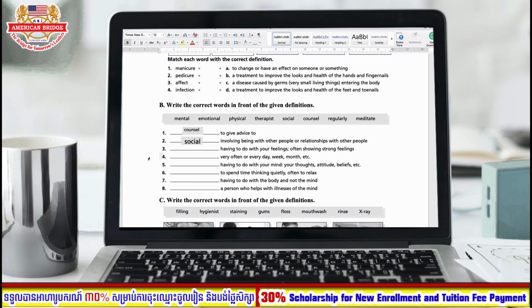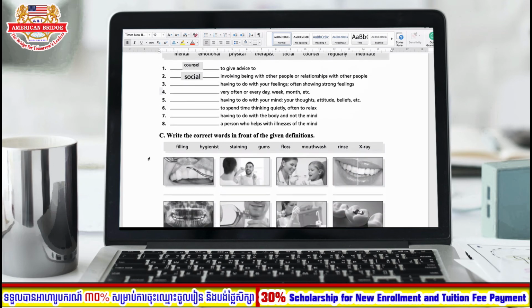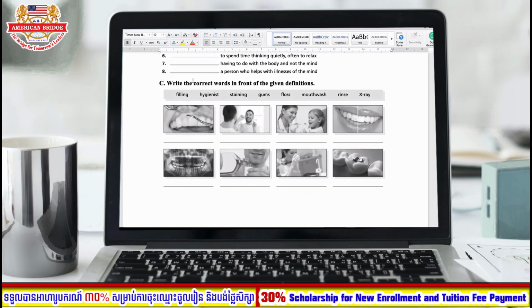So you need to smartly review the important points, right? And for the last one, we have the words feeling, hygienist, standing, gum, floss, mouthwash, rinse, and x-ray. The lesson is about going to the dentist, right?